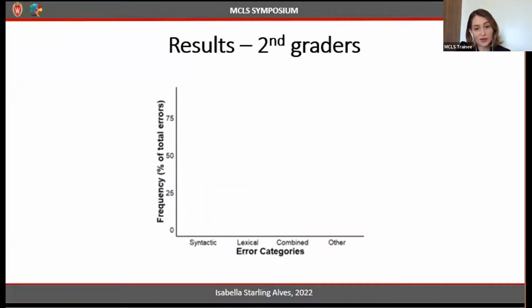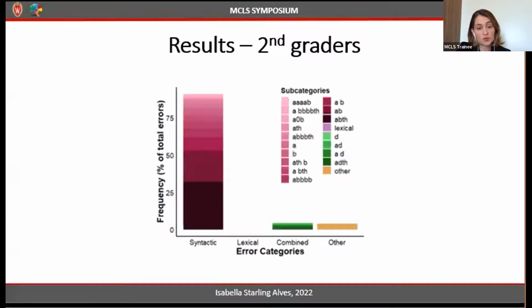And so now I'll quickly go through the results of second graders. We would expect that second graders would do well in few items, but actually we saw a floor effect in the task. Participants couldn't write even half. And so this was surprising because we would expect they would know the more familiar fractions. And most participants committed syntactic errors.